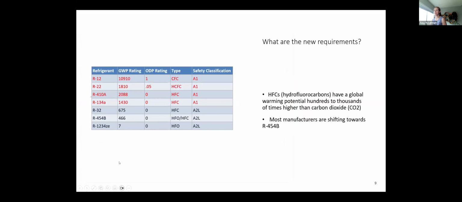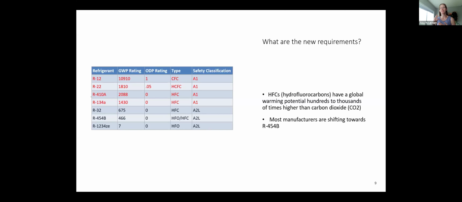Their global warming potential is hundreds to thousands of times higher than a CO2 refrigerant. And so these new refrigerants are being created, HFOs and blends, which is an R454B. So most manufacturers are shifting to R454B.